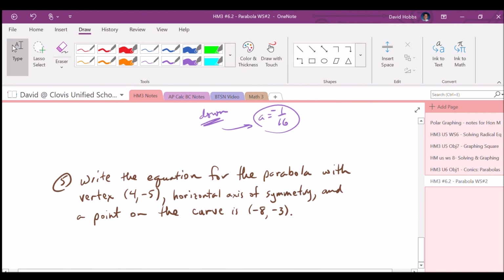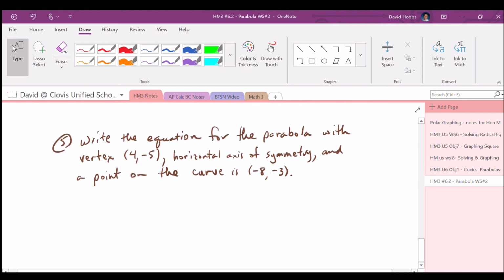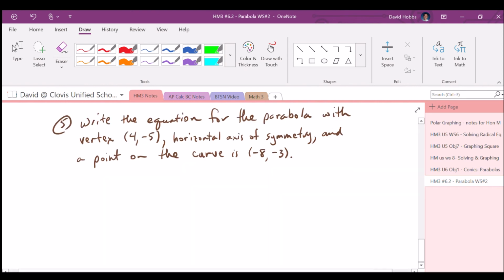Okay, last problem here. Write the equation for the parabola with vertex 4, negative 5, horizontal. Okay, they did tell us it's a parabola. Horizontal axis of symmetry. Okay, well, I think a sketch is probably not a bad idea.